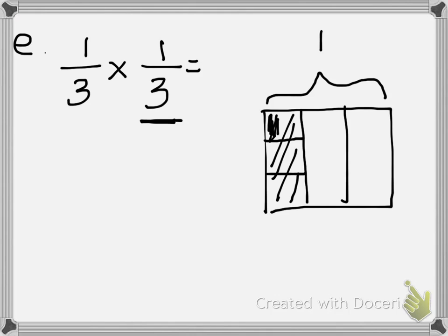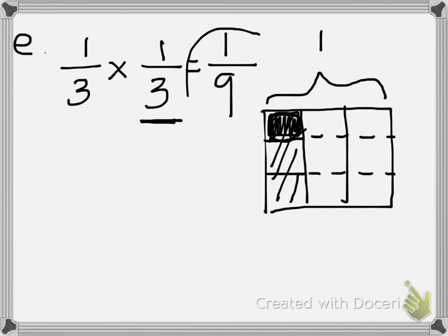So I'm going to shade in 1/3 of that. Again, I'm going to show a representation of my total parts, and I have 9. And then one of those parts is what I'm representing. So 1/3 times 1/3 equals 1/9.